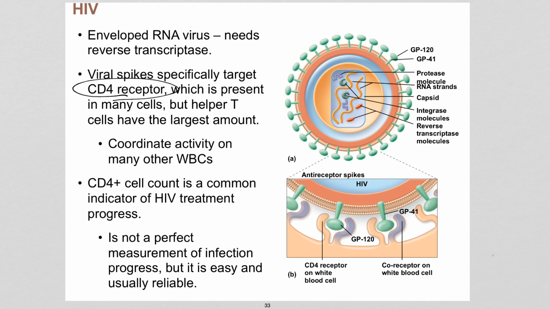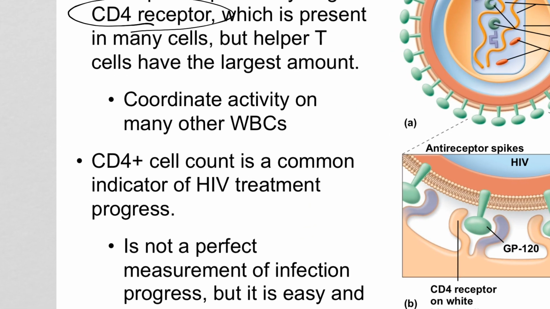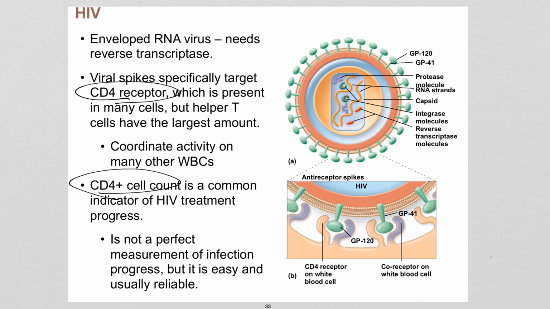But lots of other infections that normally wouldn't be all that bad, sometimes even flu, that normally wouldn't be lethal, when you don't have an immune system, those other secondary infections take over. They can't be fought off, and that's why CD4 cell count, how many CD4 positive cells does the patient have left, is one of the most common indicators of how effective HIV treatment is.